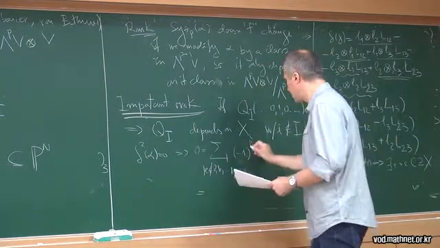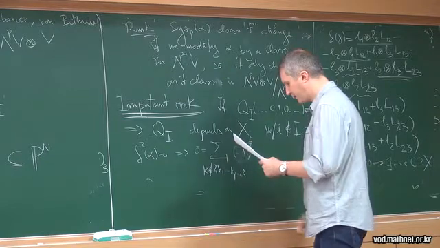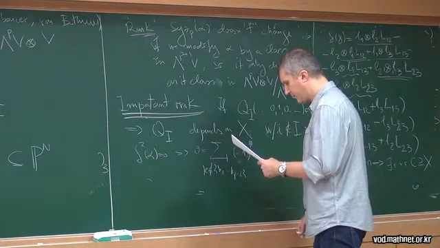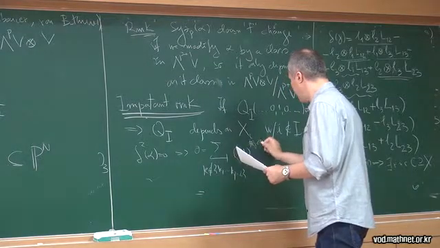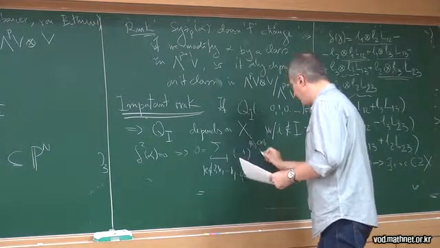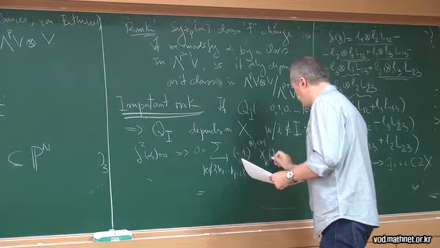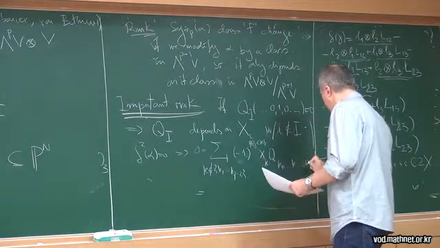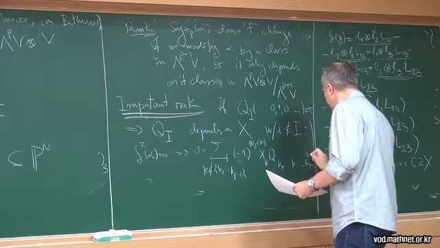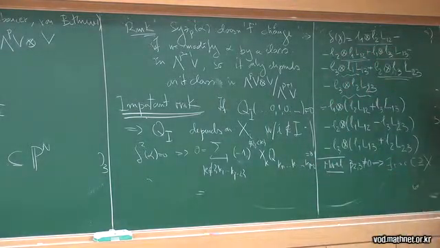we have to count the number of j's lower than k, xk times q k1 k kp minus 2. So this is 0. That's the differential.